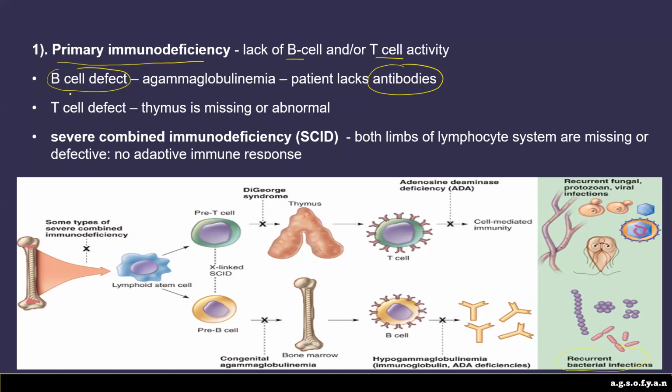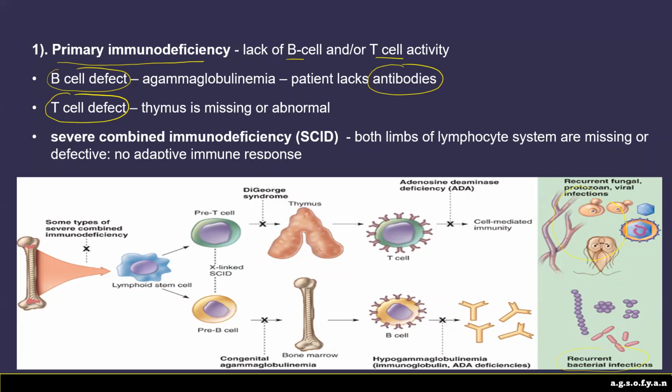If it is a T cell defect, these persons do not produce T cells or the T cells are abnormal, and then usually this person will easily get virus or viral infection, because T cells usually fight against viruses.